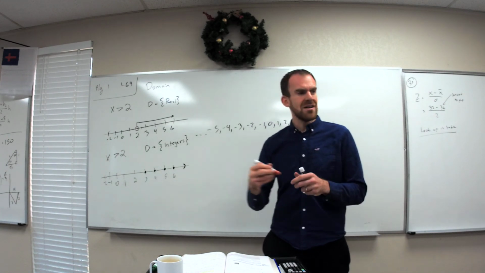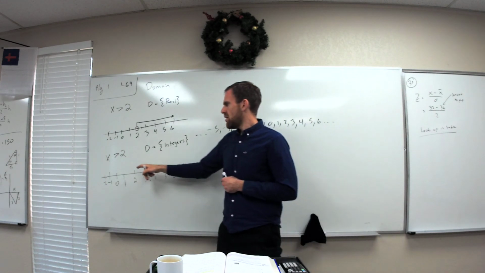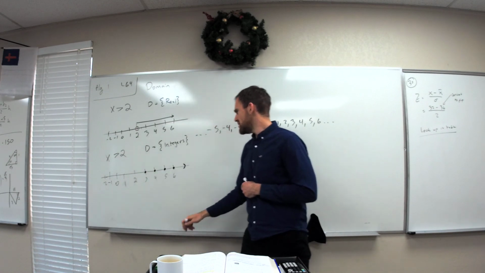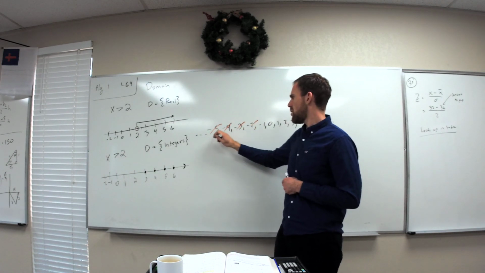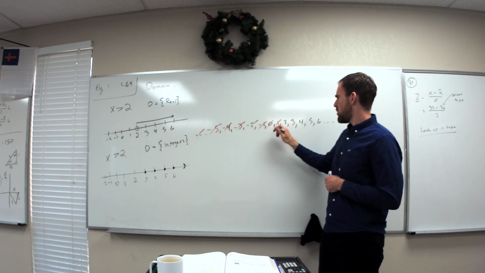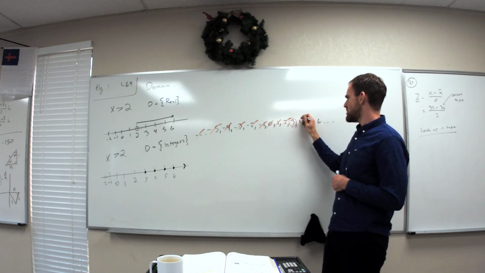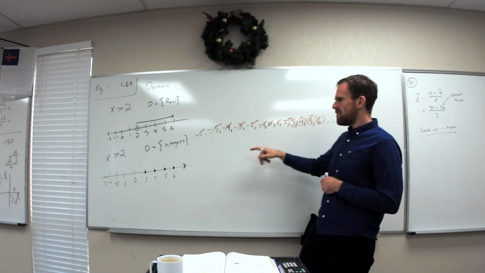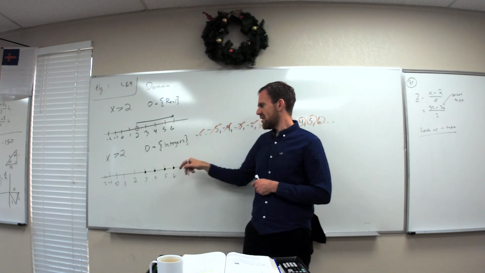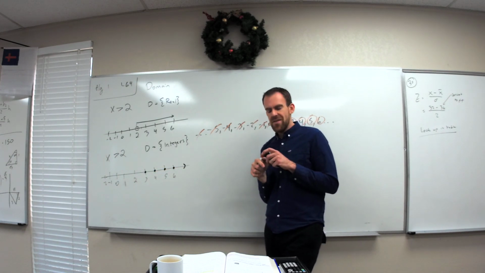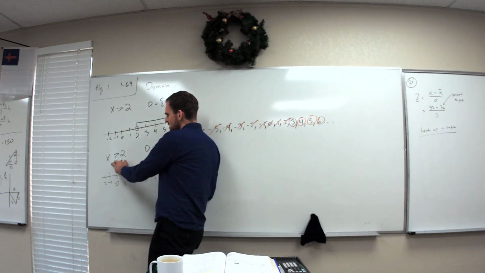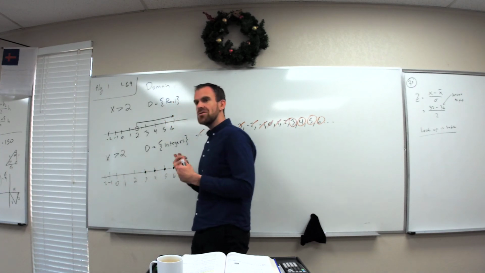Now, if I cross out all the ones that are not greater than 2, I get these ones. And so I have filled in dots indicating at those points that x is greater than 2, and they are included.